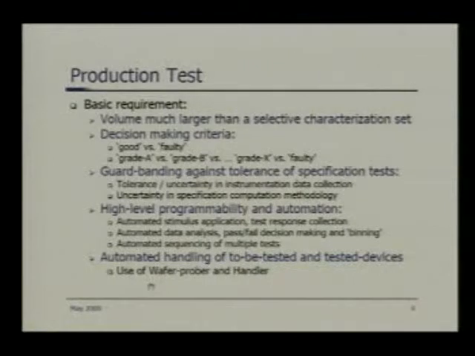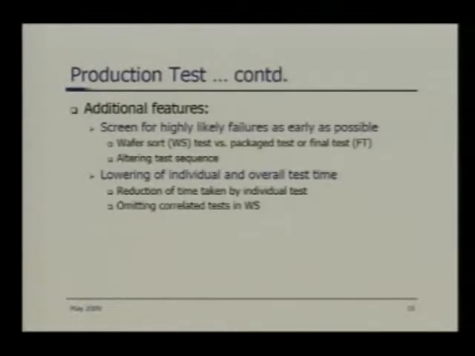Apart from these, there are a few additional criteria. In production tests, we'd like to do first, as soon as possible, those tests which are prone to failure the most, which are likely to fail the most.